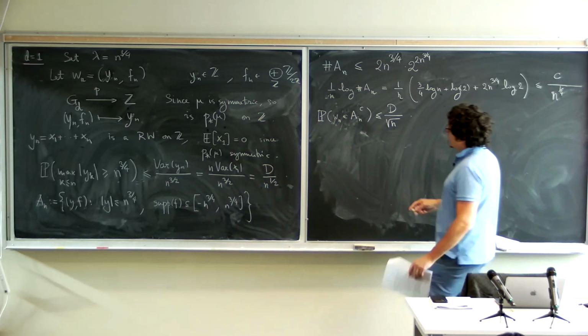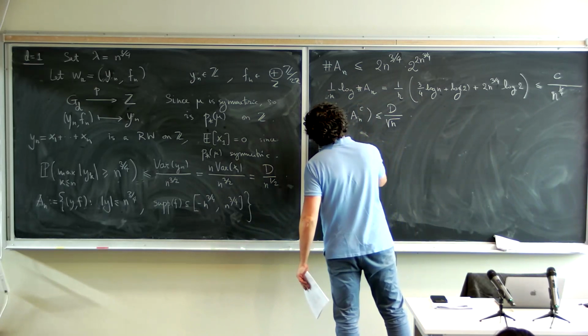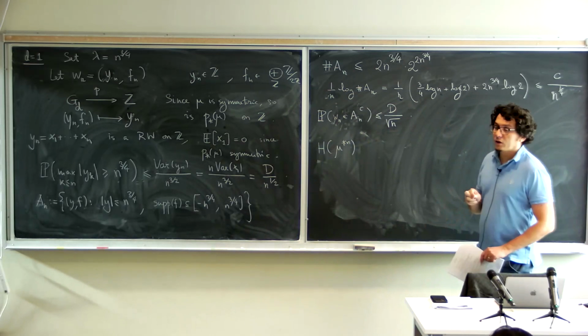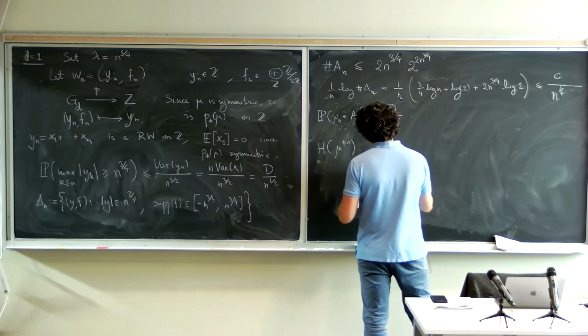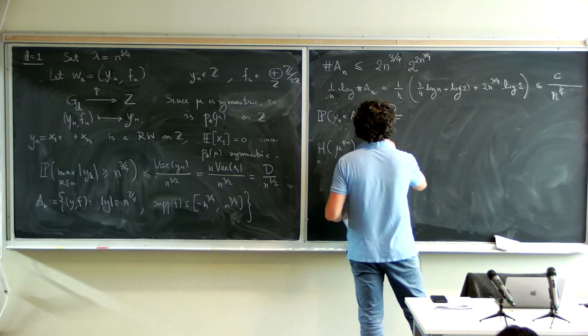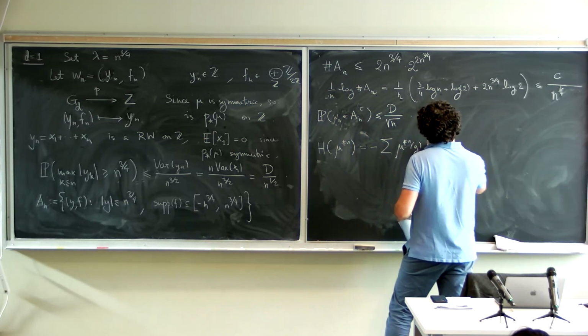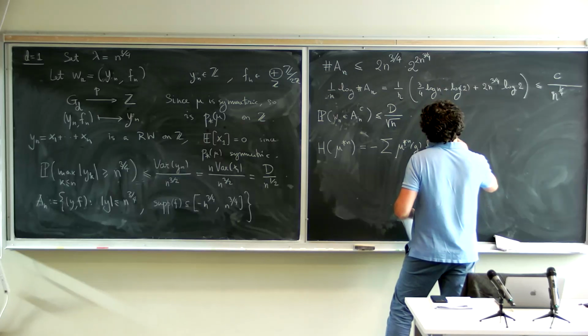Okay, and now we can just do the estimate of the entropy of the nth convolution. So we know that this is by definition the sum of mu star n (g) log mu star n (g).